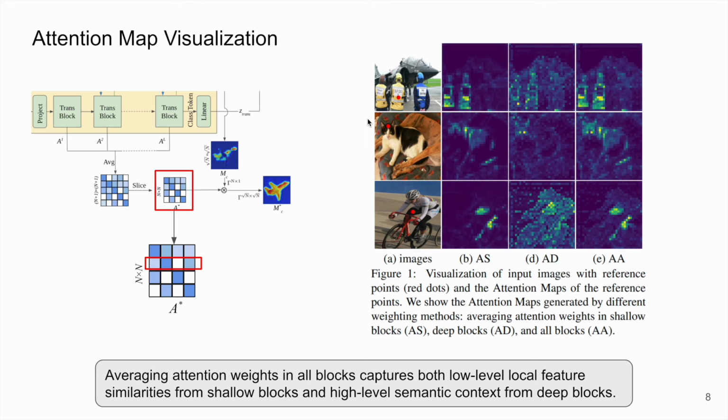We can also see that the attention weights in deep blocks look noisy, possibly because the patch embeddings in deep layers contain complex high-level semantic information. However, when we average attention weights in all blocks, it is able to capture both low and high-level feature affinities, while reducing the noise that comes from the deep layers.